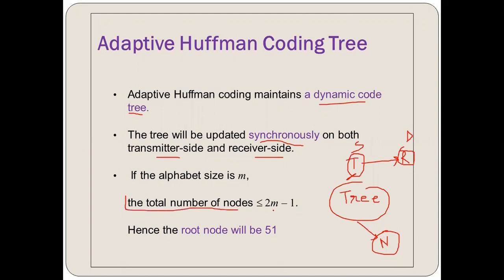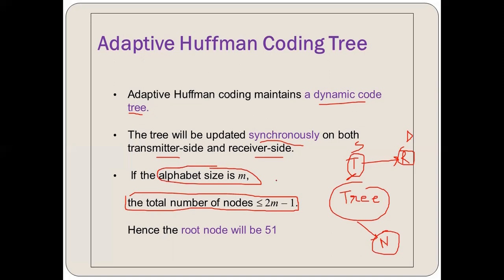The total number of nodes is less than or equal to 2m minus 1. Right? That means 2m minus 1 is the point where we are going to calculate, where m is what? M is the size of the alphabet. We all know how many alphabets we have in English.